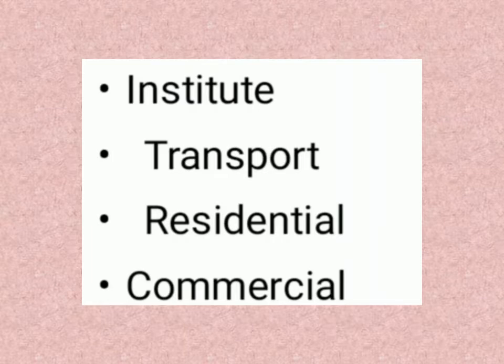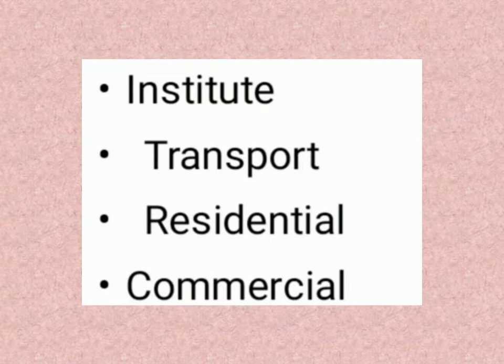Land use varies from area to area, like the residential purpose, commercial, transport, etc. We learnt about land use as it is the purpose for which land in a region is used. As man's need increase, the use of land for different purposes has also increased.